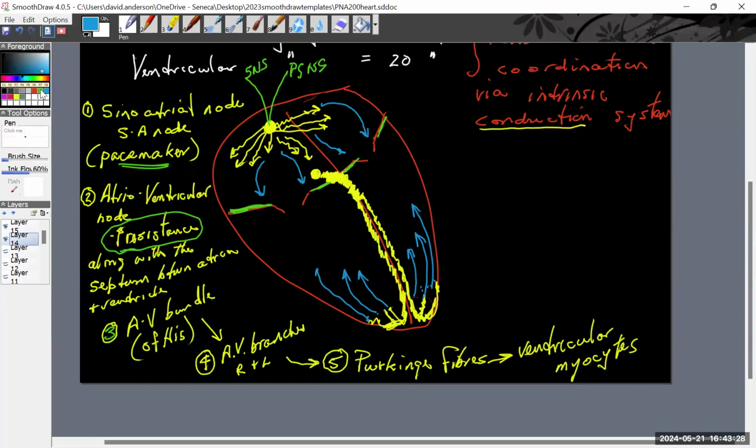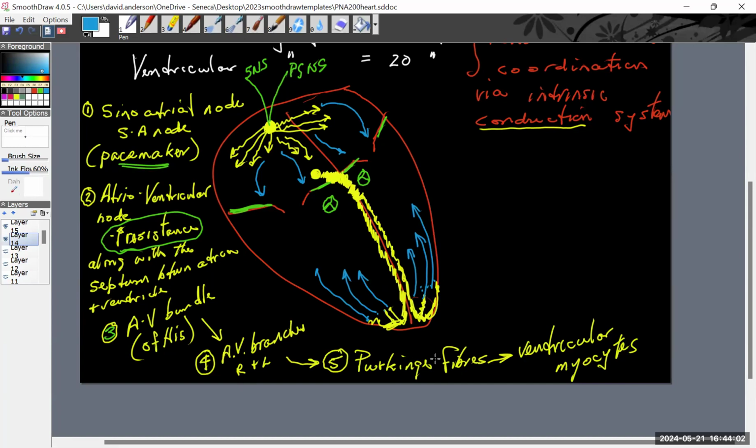And look what we have superiorly. Our semilunar valves. So the contraction wave that's created by the delay from the AV bundle to AV branches to Purkinje fibers allows the wave of contraction to begin inferiorly and travel superiorly towards the exit point.